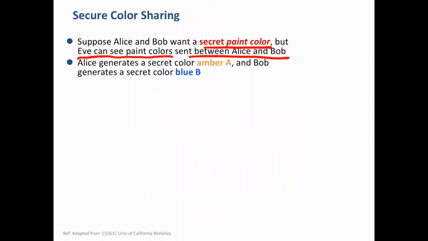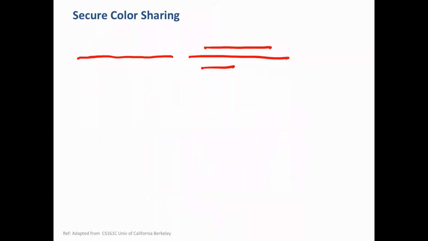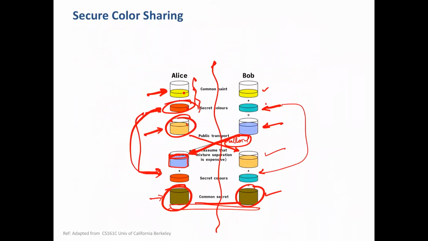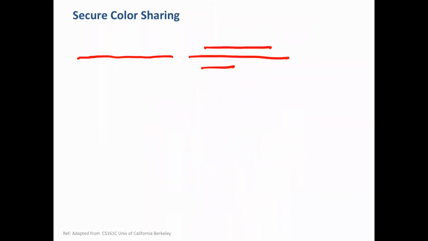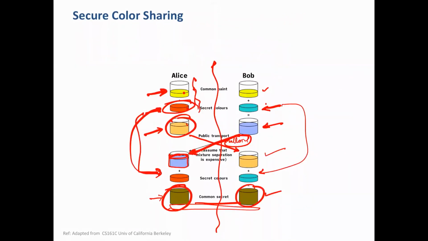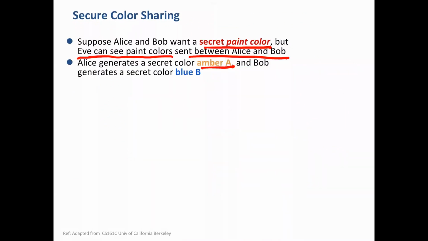Alice generates a secret color amber. Here it is shown as a different color. And Bob generates secret color blue. Now A represents amber and also Alice, and B represents blue and also Bob.